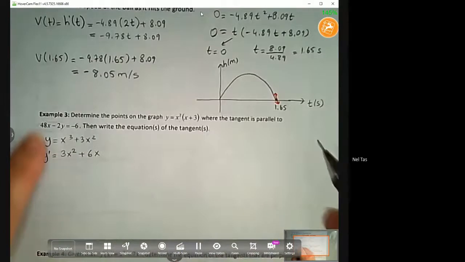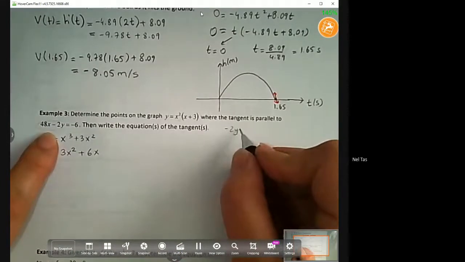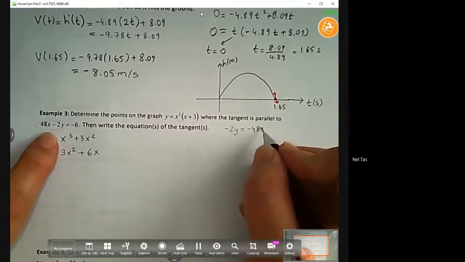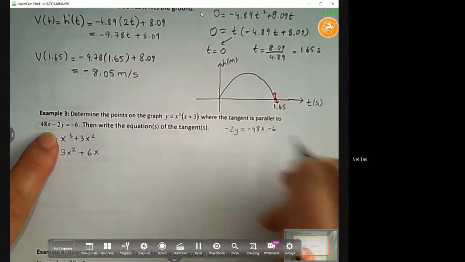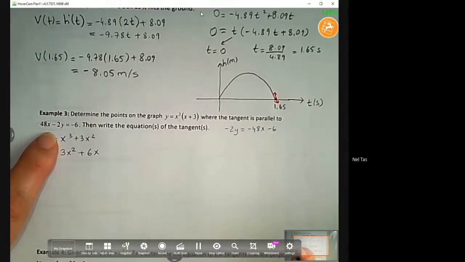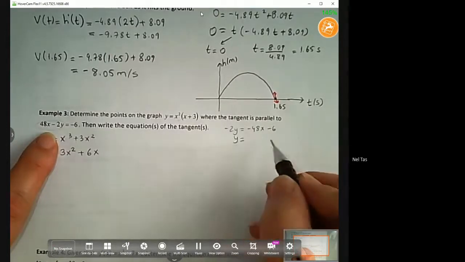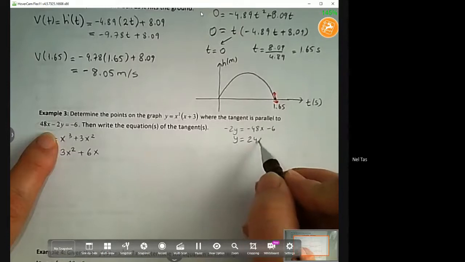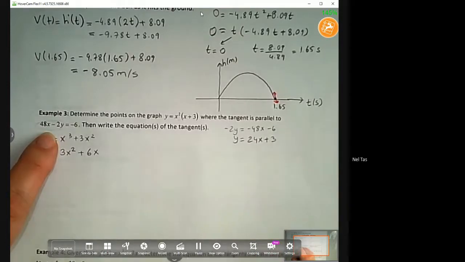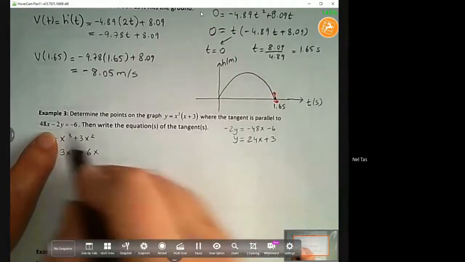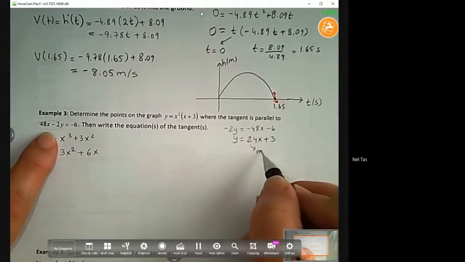So negative 2y equals negative 48x minus 6. So you can divide everything by negative 2 and you get 24x plus 3. So the slope of this line is 24.